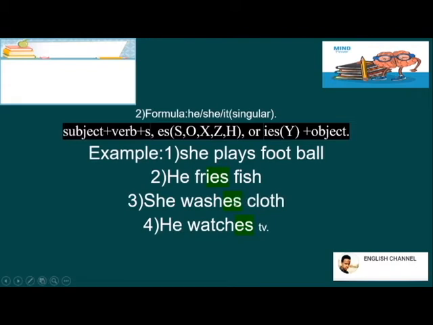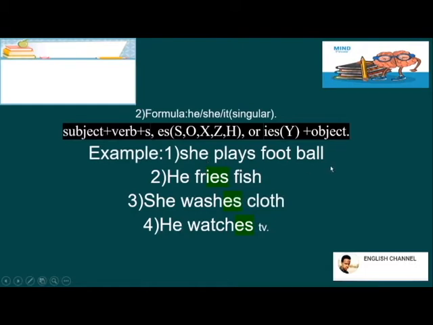There are no other differences. The only difference is the change in the verb. He plays football. She fries the fish. So there is no other difference: subject plus verb plus object. The only difference is adding s, es, and ies.